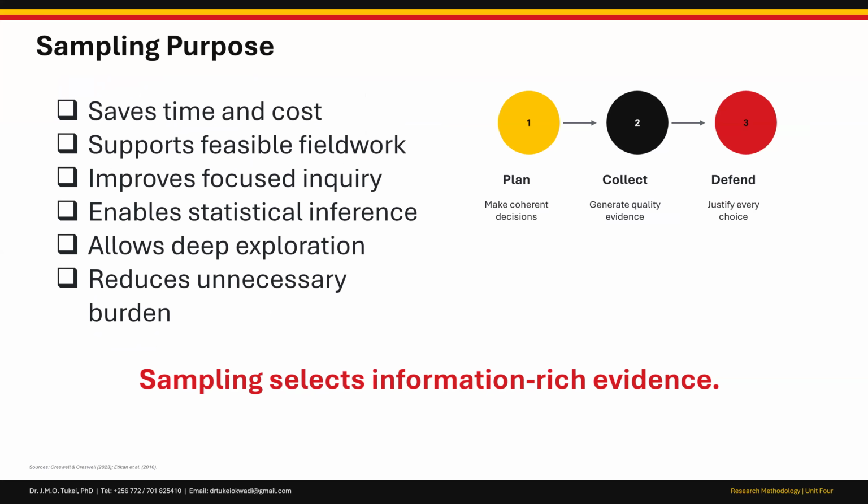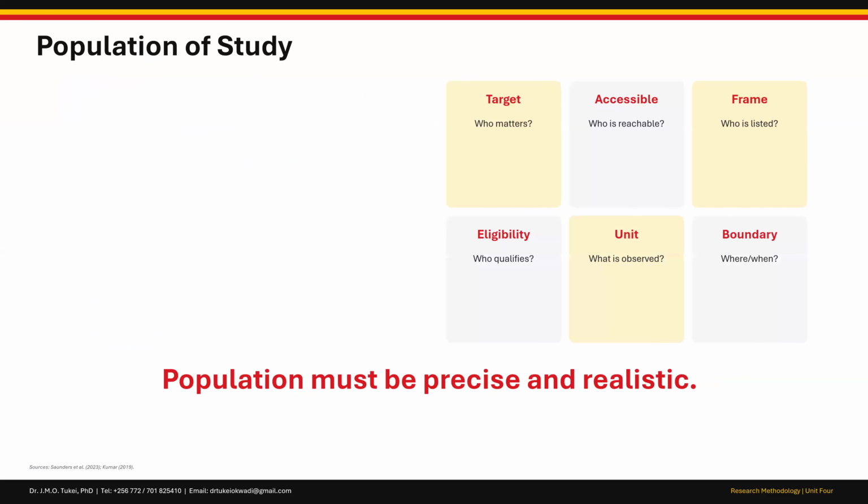If we went back here and you look at this accessible population, that is the population that you are going to access. If there are 500, you are not even going to study all the 500. No way.